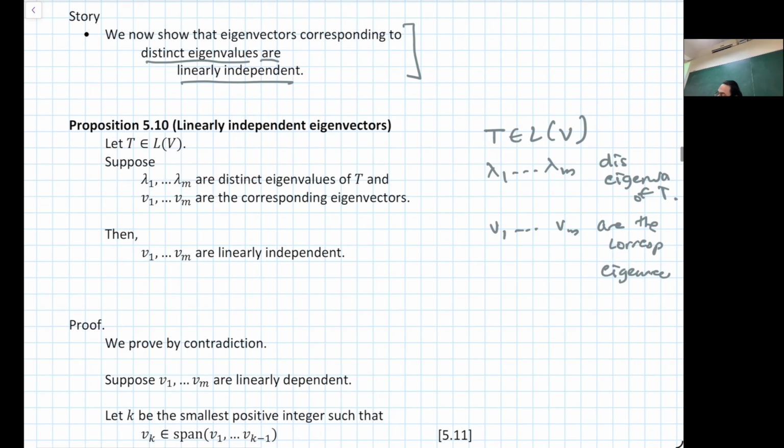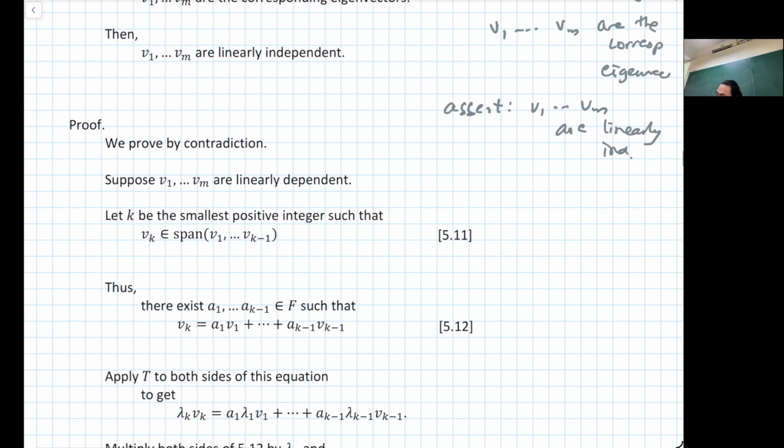We want to assert that v1 to vm are linearly independent. Is the statement clear? Yes, for everyone? Okay. All right, so let's see how to prove this.